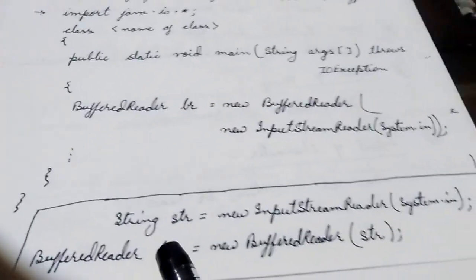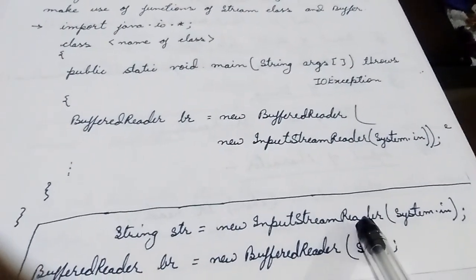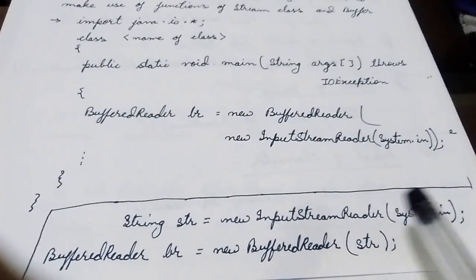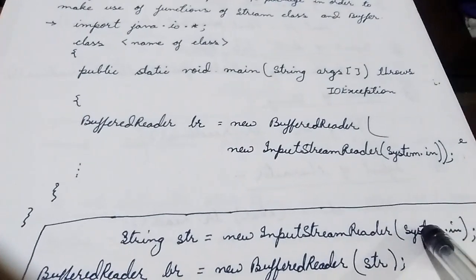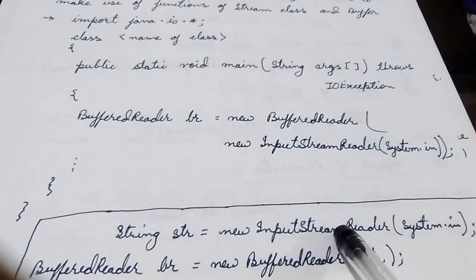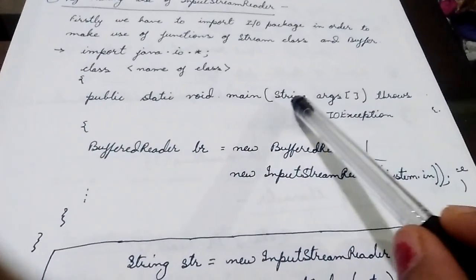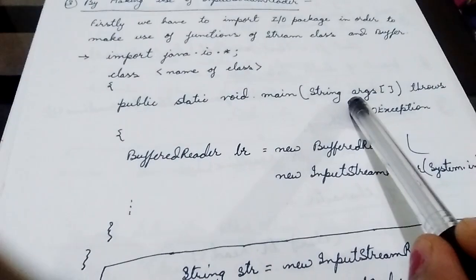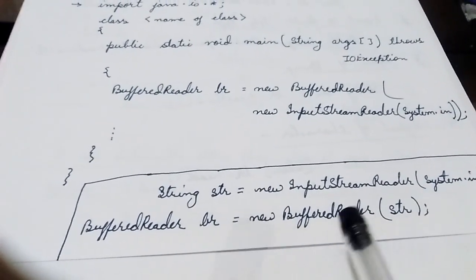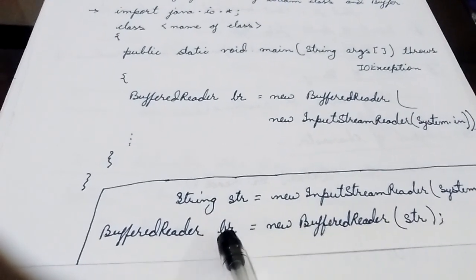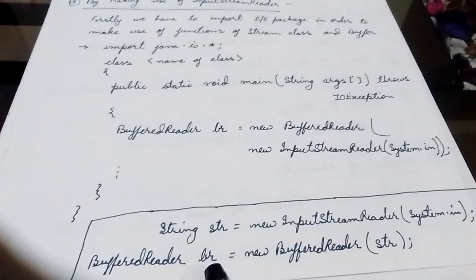We further see it is actually InputStreamReader str equals new InputStreamReader(System.in), and then System.in is transferring the value to InputStreamReader, and it is transferring the value to str, which is of string type because it is taking input in the form of string. And then this str is transferred to BufferedReader. So whatever value br is having is also in the form of string.